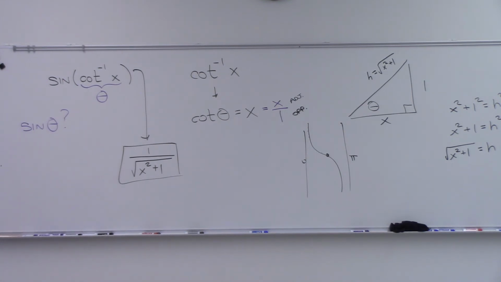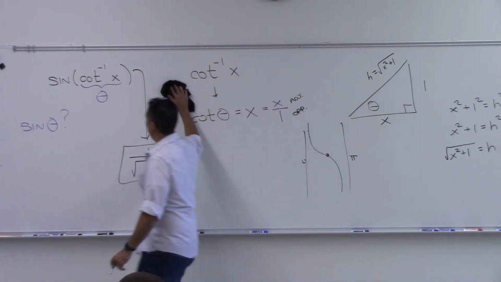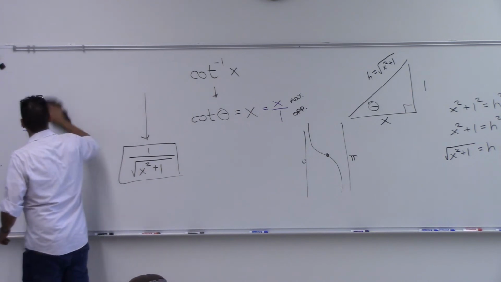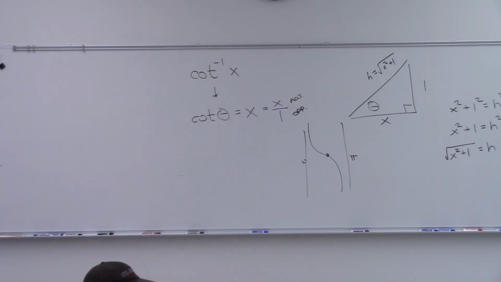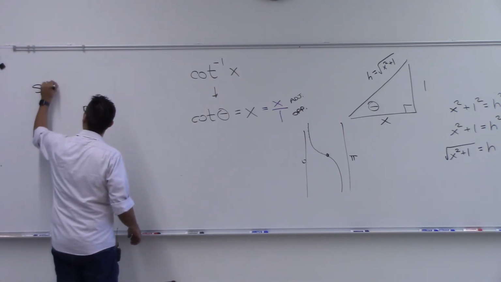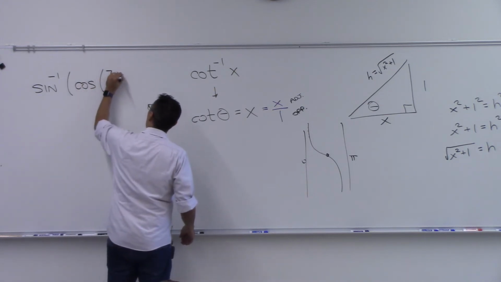All right, I have one more little example, and then I'll give you something to look at. Sine inverse of cosine of 7 pi over 6.